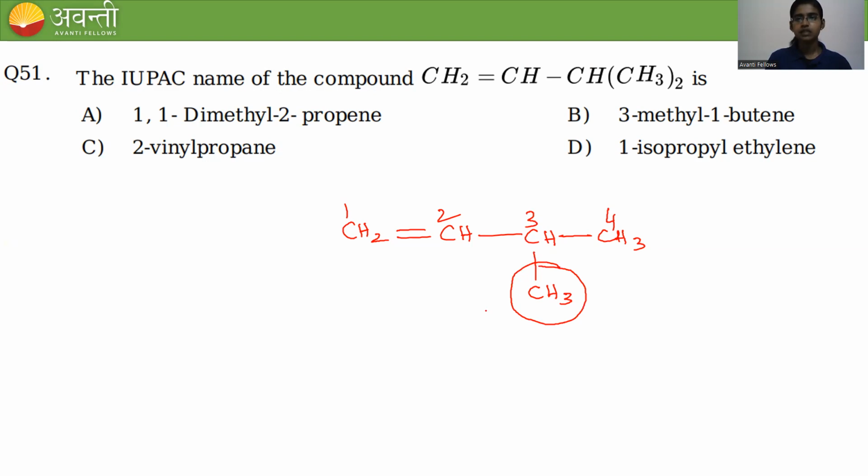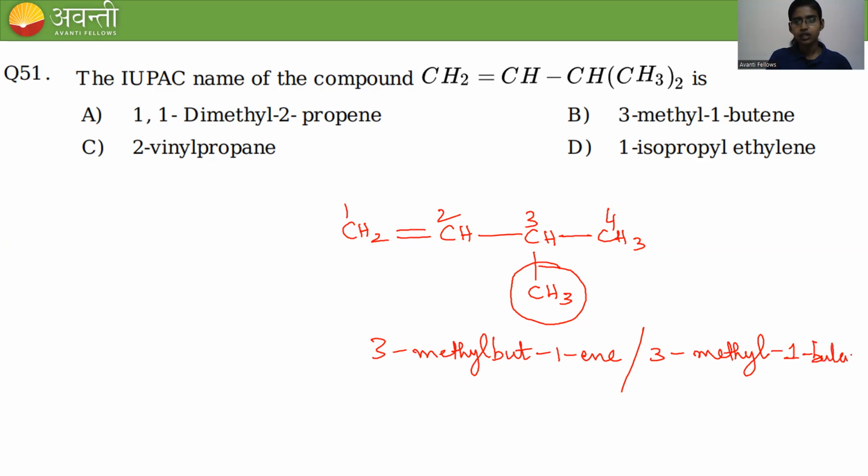So it is 3-methyl but-1-ene. 4 carbons are there in the parent chain, so it is but, and between 1 and 2 we have a double bond, so it is but-1-ene. Or you can write this as 3-methyl-1-butene. Both are correct. So 3-methyl-1-butene is given in option B, which is the correct answer for this question.